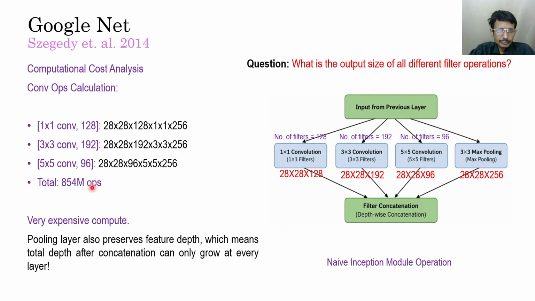And you can see the total number of operations: 28 by 28 by 128 for the 1 by 1 convolution times 256, then 28 by 28 by 192 for the 3 by 3 times 3 by 3 by 256, because it is a 3 by 3 filter, and 28 by 28 by 96 for the 5 by 5 times 5 by 5 by 256. So in total, 854 million operations.